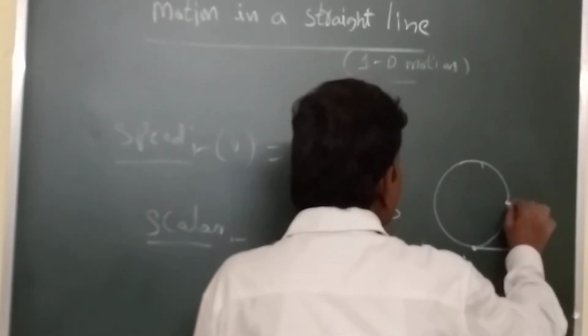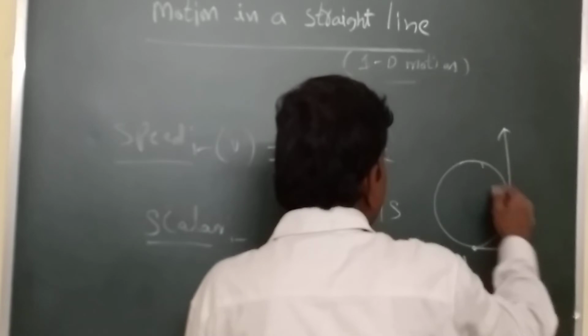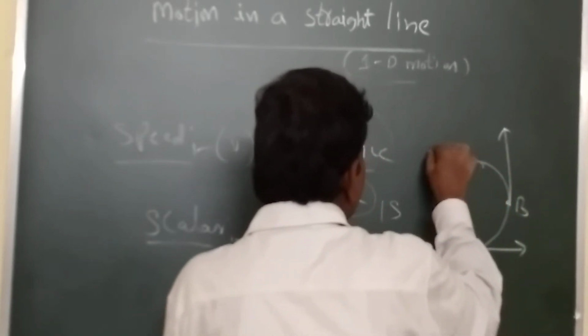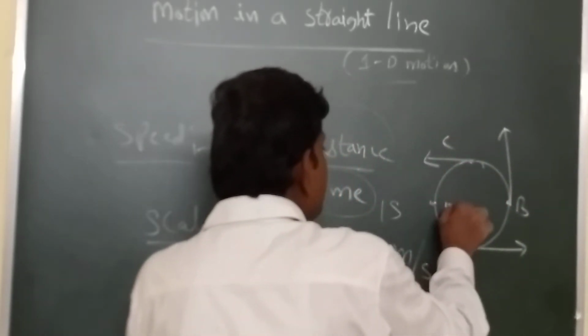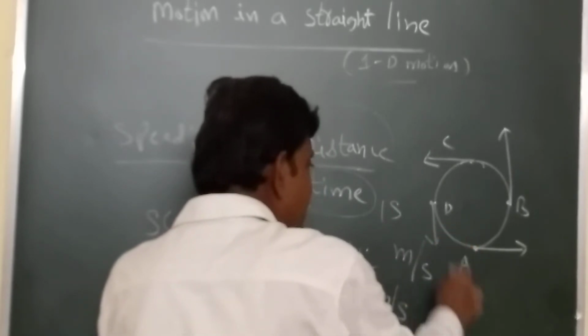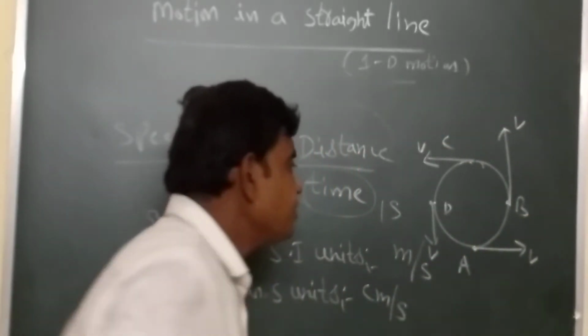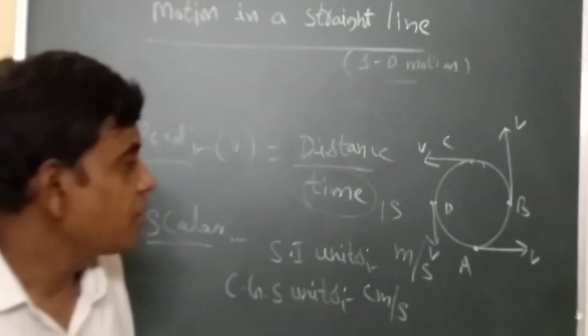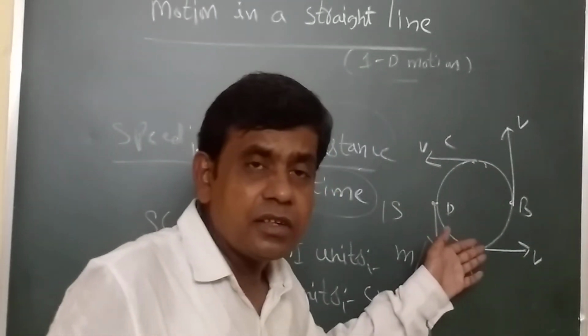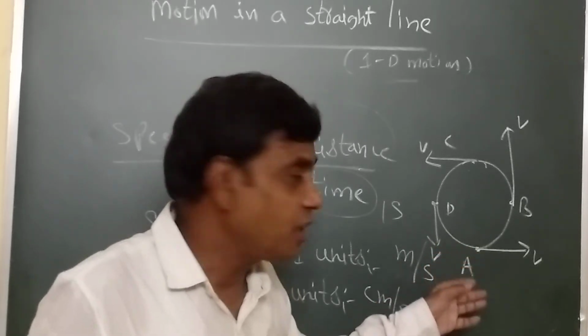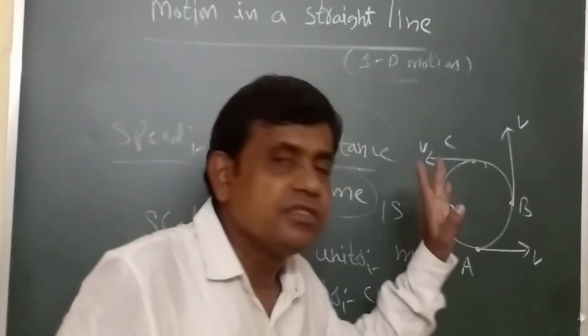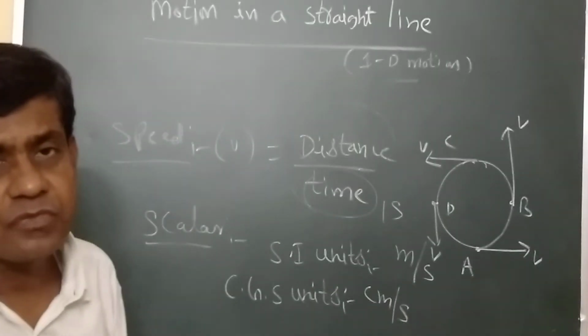Similarly at B, at C, and at D also velocity. These are all denoted with v.